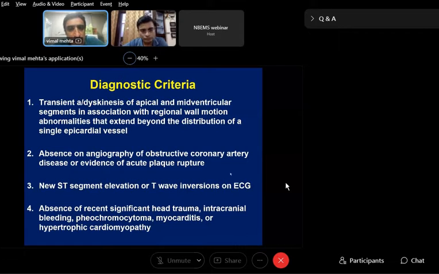Absence of obstructive disease. New ST elevation, depression, T inversions, everything can occur. The important thing is that other conditions like myocarditis, pheochromocytoma, catecholamine storm, even head trauma have been noted in patients who have absolutely normal coronaries, a normal heart to begin with, and intracranial bleeding and those kinds of things.